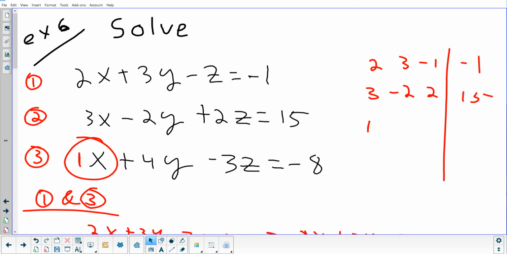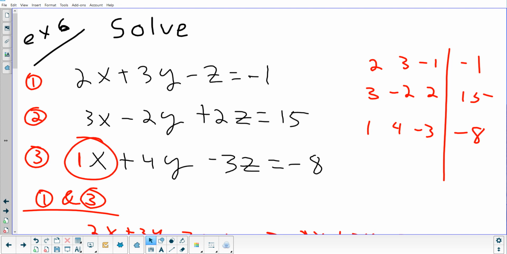How am I getting what I'm writing right now? All I'm doing is writing the coefficients. I'm eliminating having to write the equal sign, and all the x's, y's, and z's. So right away I cut out 12 different symbols I had to write down, and it still captures the same information.